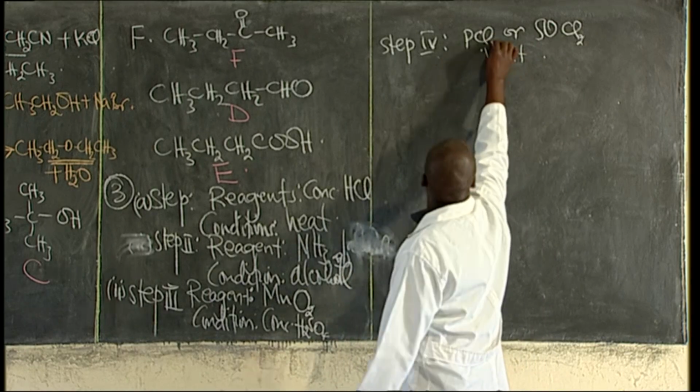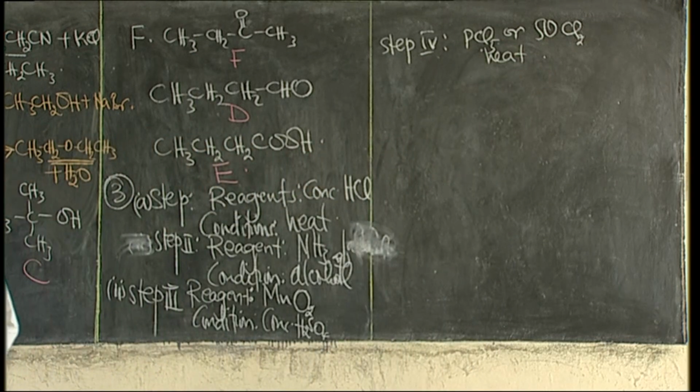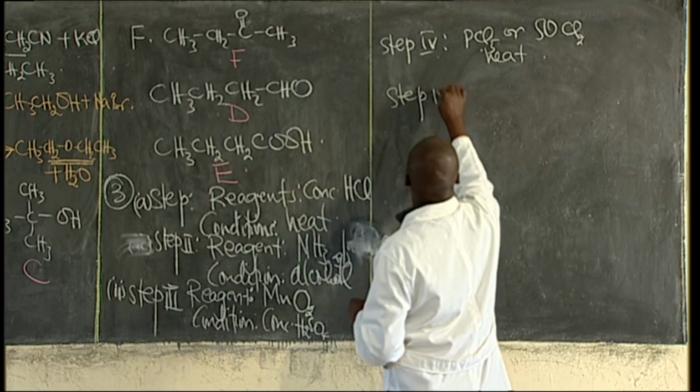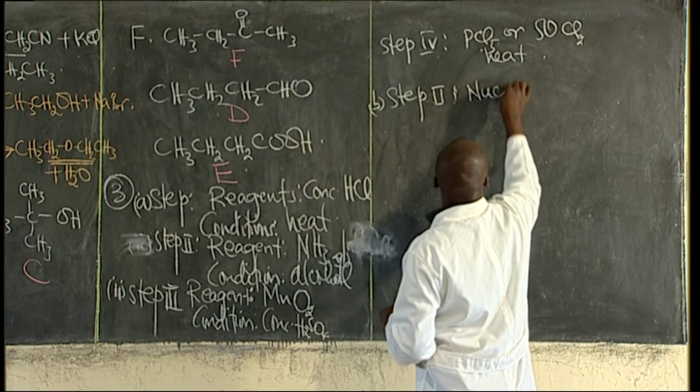These are reagents, and these are those 2 compounds. Then name the type of reactions that occur in step number 2. Step number 2, the type of reaction is nucleophilic substitution.